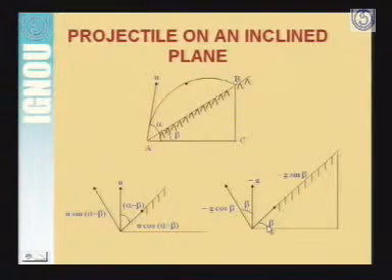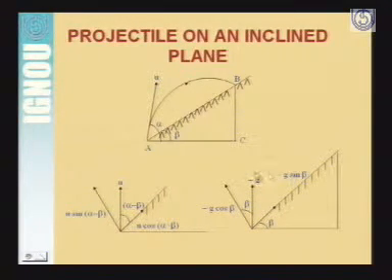Here this angle is beta, and from geometry we can easily see that this angle between the vertical direction and the direction perpendicular to the inclined plane is equal to beta. So the component of minus g in the direction perpendicular to the inclined plane will be minus g cos beta, and the component of minus g along the inclined plane will be minus g sin beta.